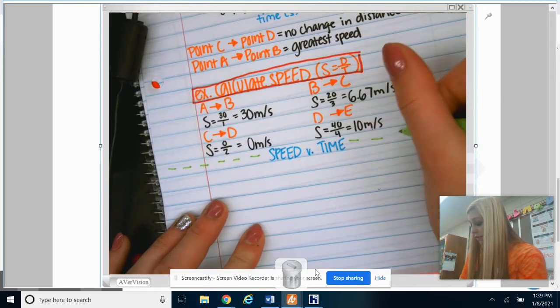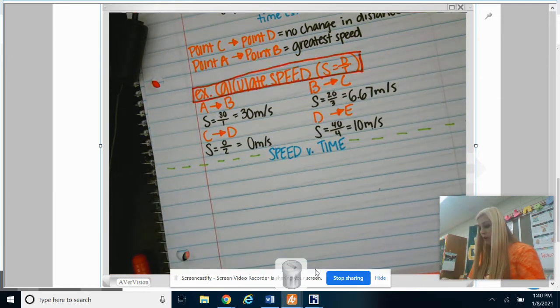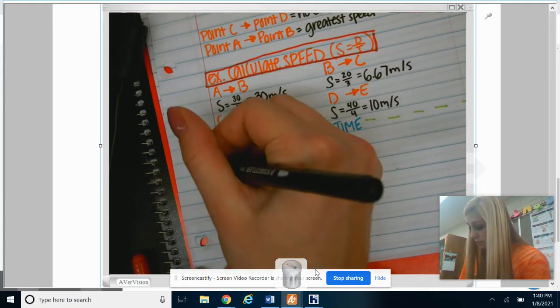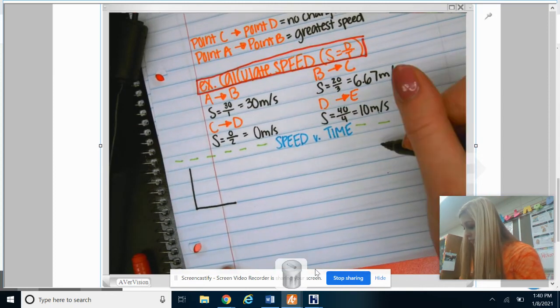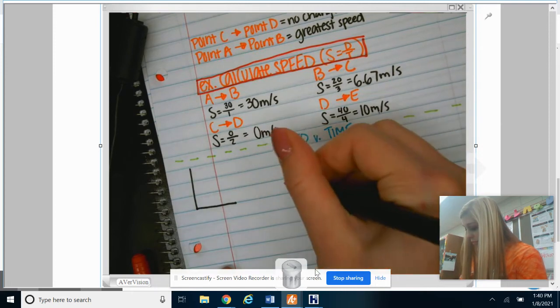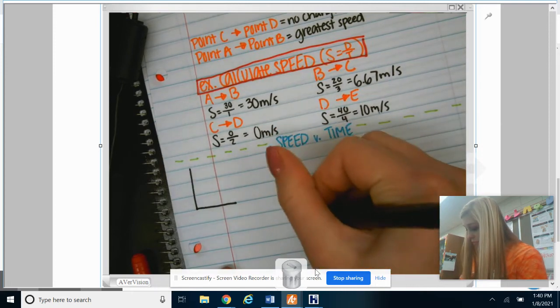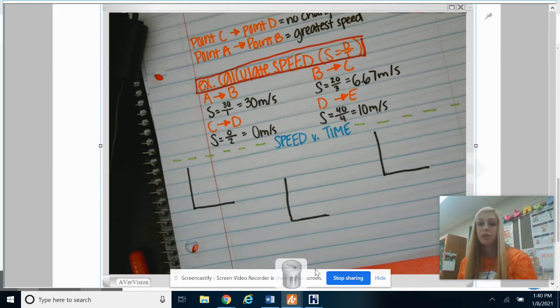So you really have to read what your axis is telling you. We're going to draw 3 different graphs. So I'm just kind of letting you know where our 3 graphs are going to be so you can space it accordingly. All right, so for each one, let's go ahead and label the axis.